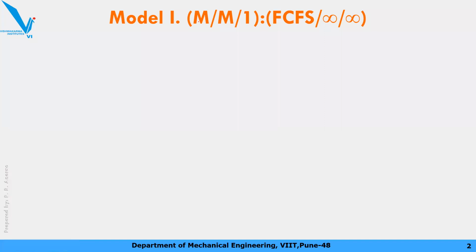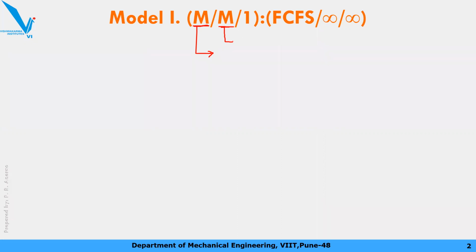Okay. So first, M. This place is for arrival rate, where M is present. M means that the arrival rate or arrival distribution is based on Poisson's. Second M, second place is for departure rate or service rate.